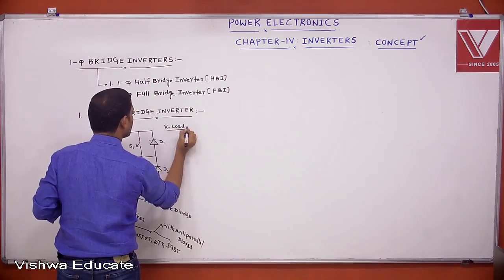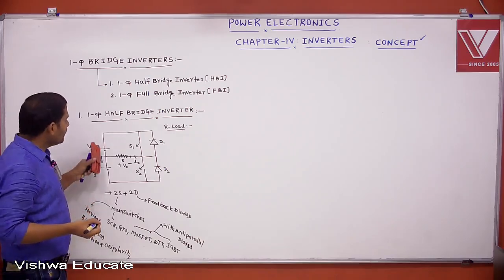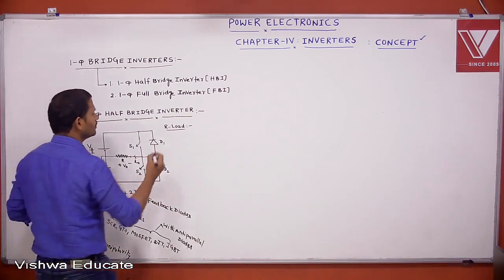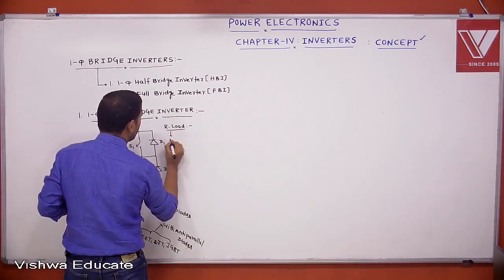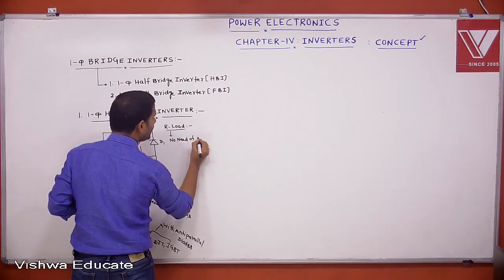We know that for purely resistive load, even though it is a voltage source inverter, there is no need of feedback diodes.